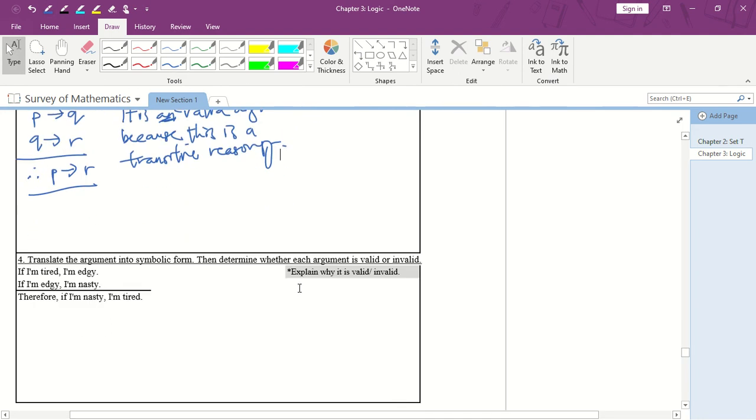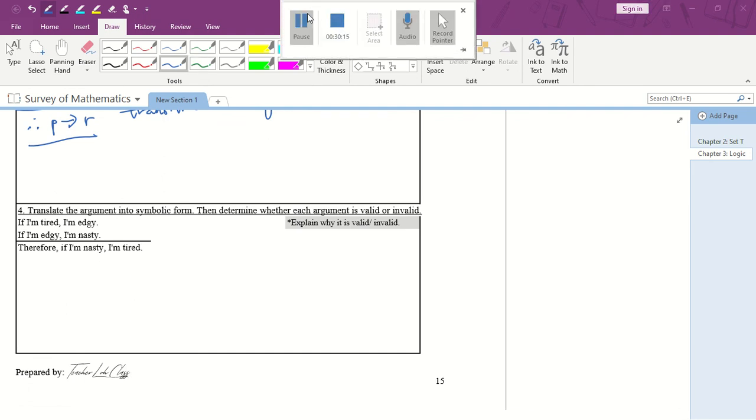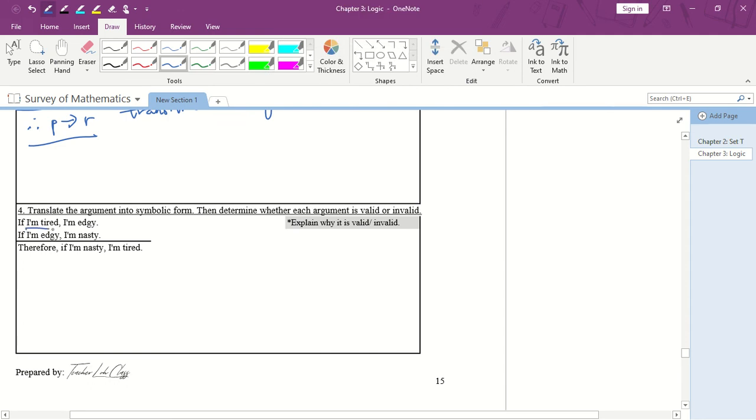And the last one, let's look at the last one. Okay, translate the argument into a symbolic form, then determine whether each argument is valid or invalid. Okay, so let's try to look at it first. So P is: I am tired. Q: I am aged.